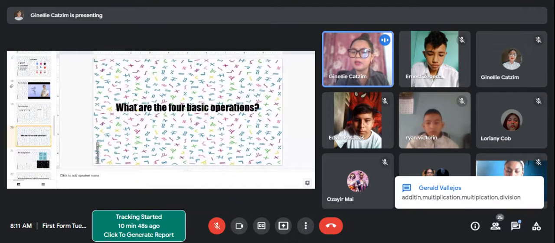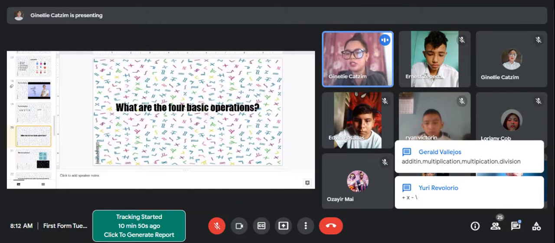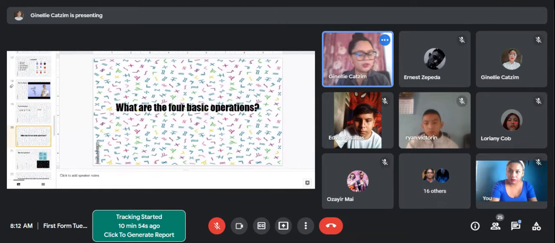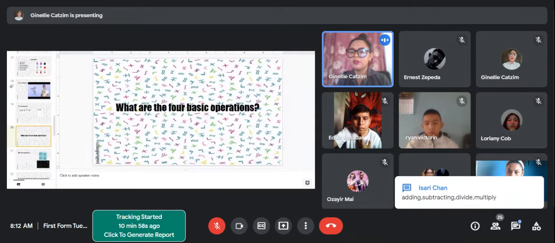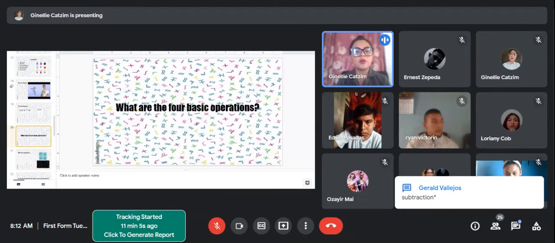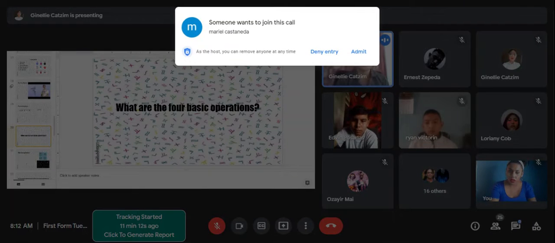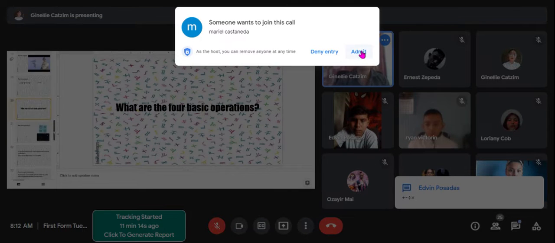Who else wants to share? Addition, multiplication, division. Yuri also gave her idea there. Adding, subtracting, dividing, multiplying. Very good. So the four basic operations are addition, subtraction, multiplication, and division. Those are the basic operations that we have in mathematics.